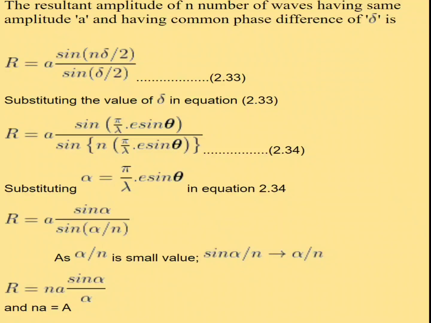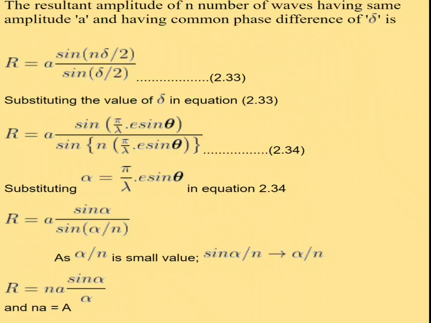Here n is the number of divisions, A is the amplitude of the single wave. Now here there are n divisions, that means n waves are emitted from the slit. Now the resultant amplitude for n number of waves becomes A sin n delta by 2 by sin delta by 2.